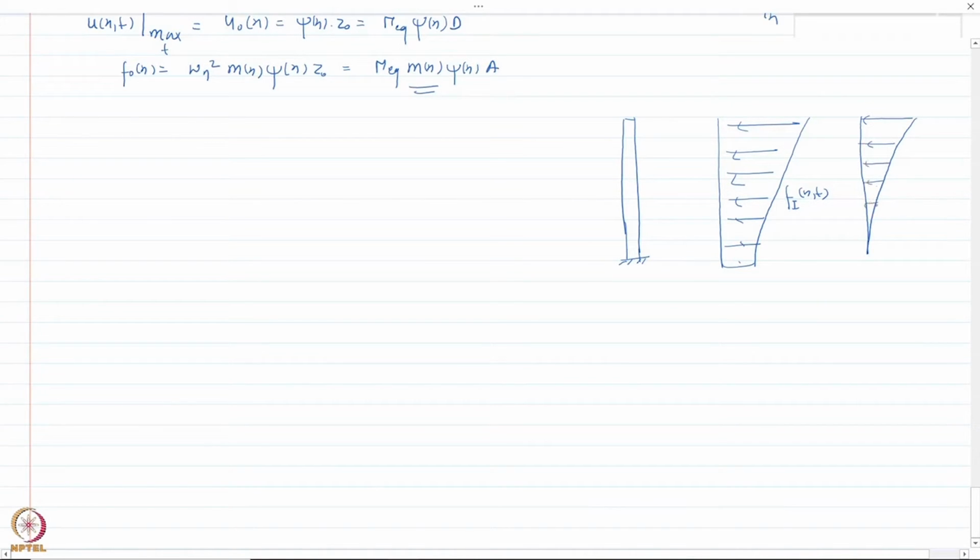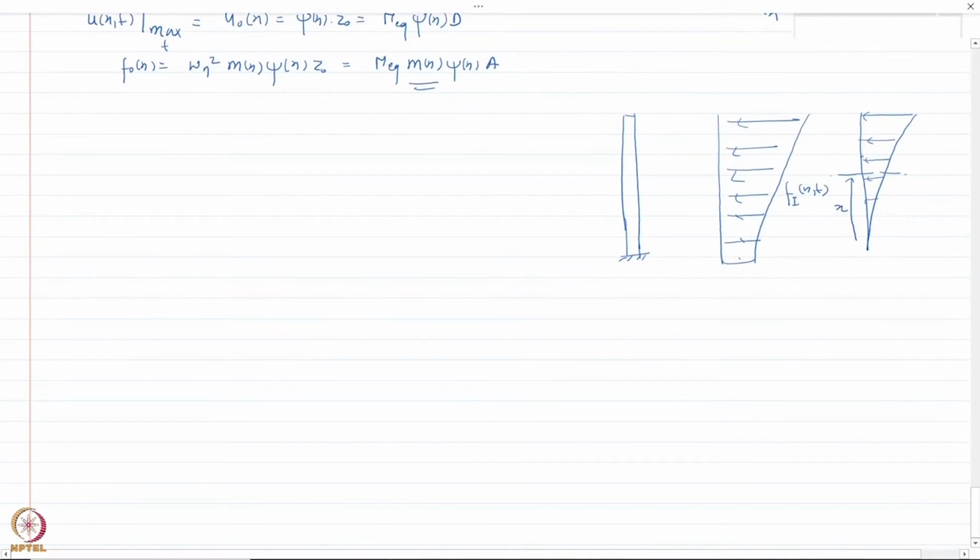Now, if I want to find out the shear at any height y, or instead of saying y, let us say I want to find the shear at any height x.